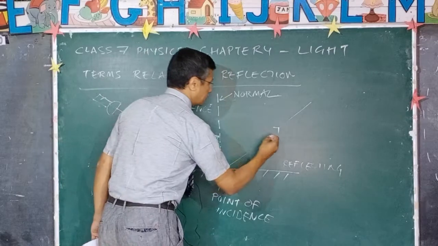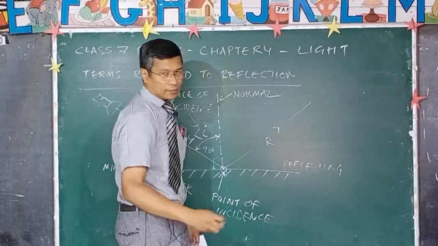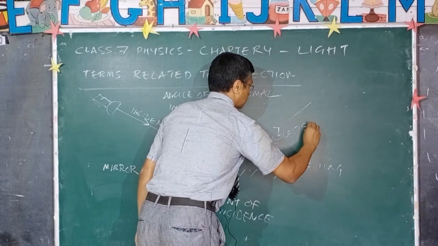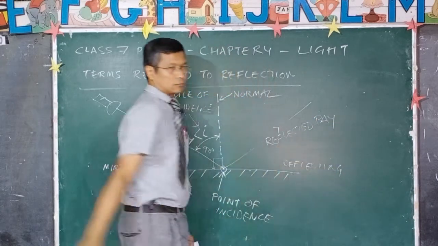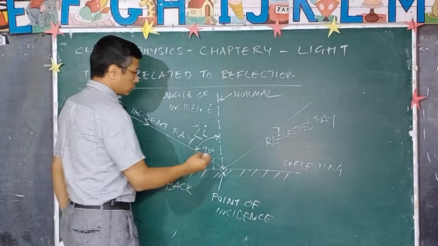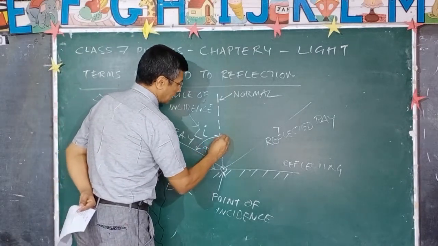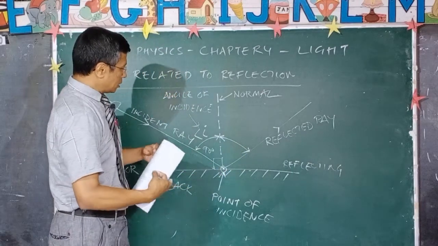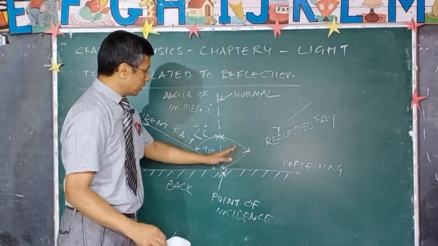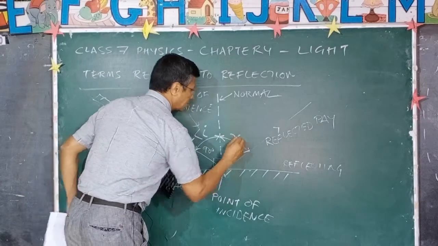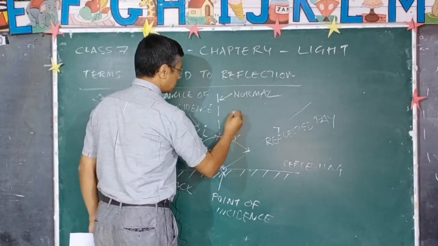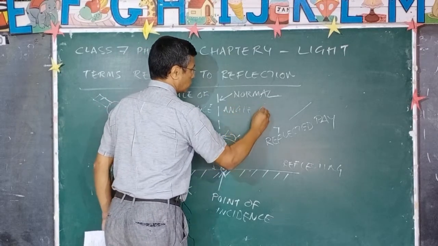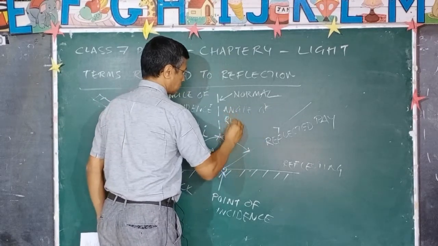This ray of light is called the reflected ray. You have to understand that there's also an angle formed between the normal and the reflected ray, and we will represent this using R, and this angle is called the angle of reflection.